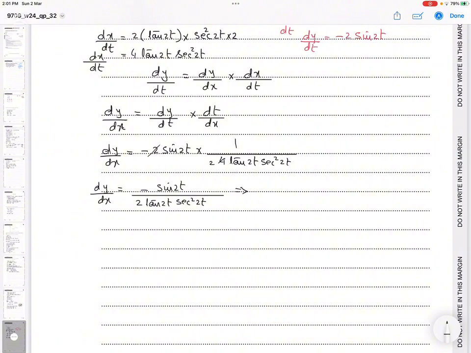You can take minus 1 over 2 on the side. Now you can write sine of 2t over, using the identities in place of tan and secant, sine of 2t over cos of 2t times secant, which is 1 over cos square 2t.